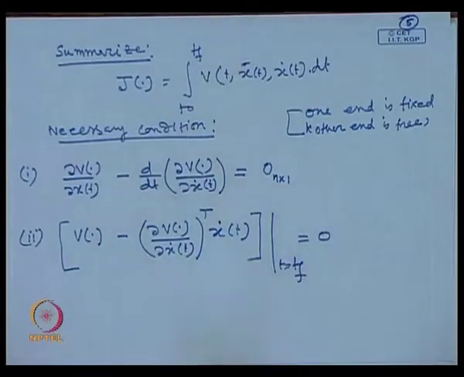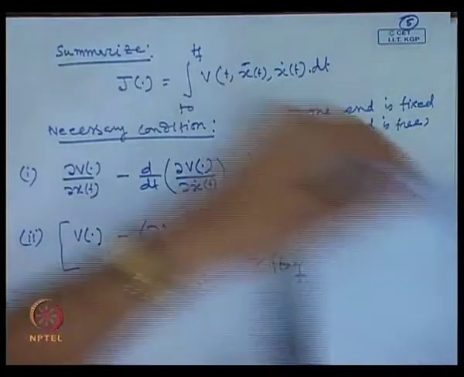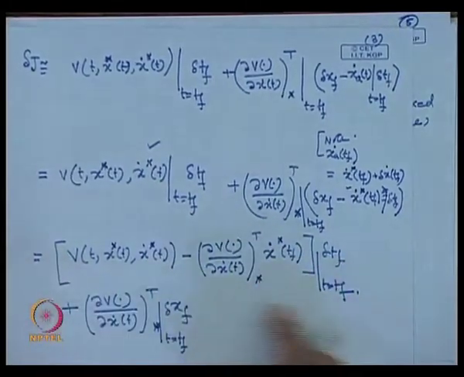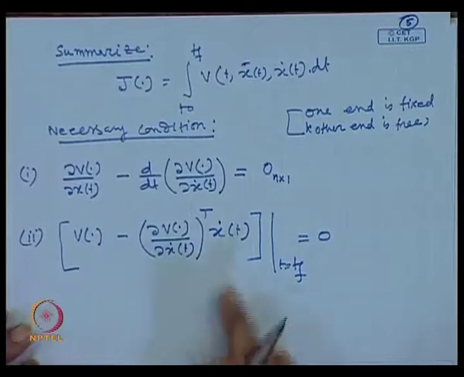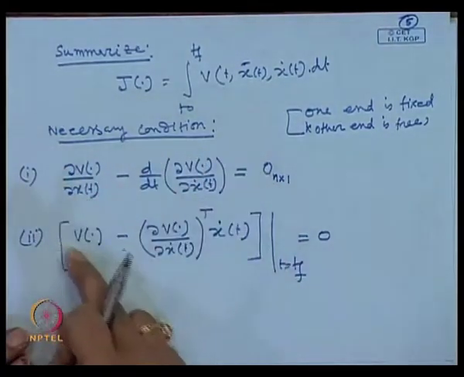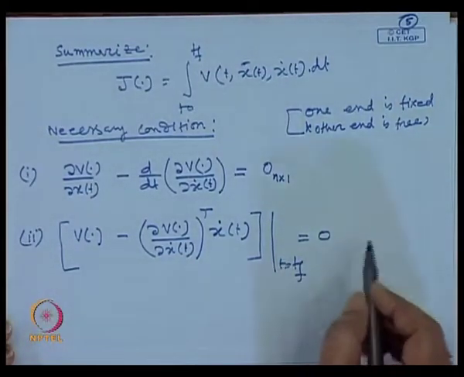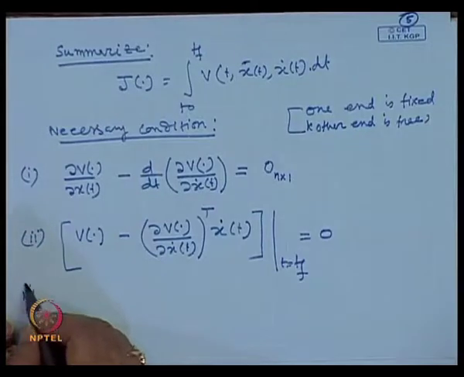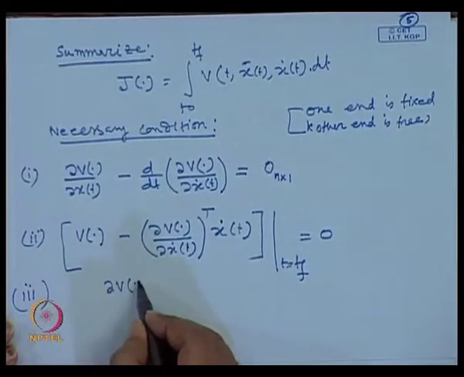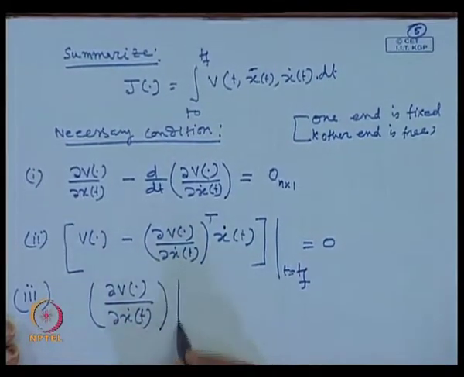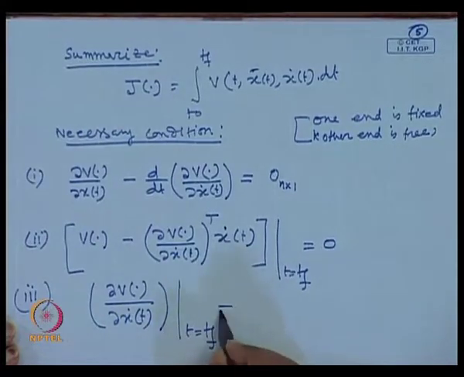This condition is achieved from the earlier condition when T f is free; it must be satisfied. Whether you give it a star or not does not matter. You have to solve this differential equation with this final condition. The next condition is del v del x dot, at t equal to T f, equal to 0.